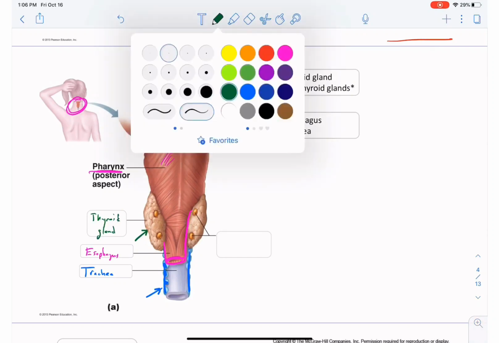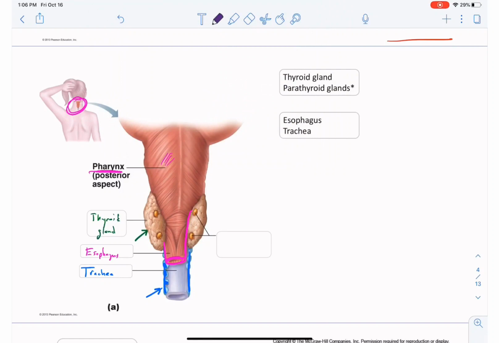And then embedded in the thyroid gland, on the posterior side, the back of the thyroid gland, we have these 4 little nodules. And these nodules are part of the endocrine system. What are those?